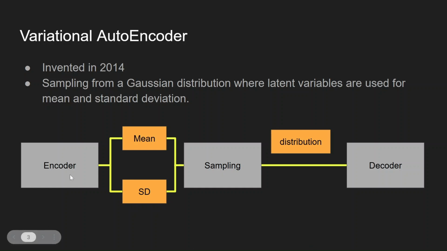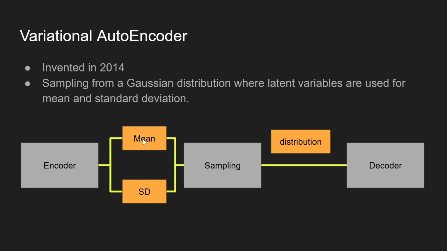First of all, we have the encoder, and this encoder is going to output two latent variables. One is going to be the mean and the other is going to be the standard deviation. These could be scalars, but in most cases, like 99% of cases, these are high dimensional vectors. In our case, these are going to be 64 dimensions each.